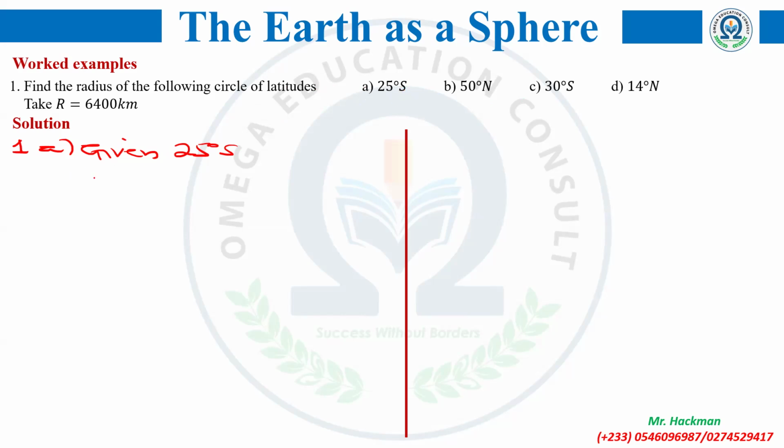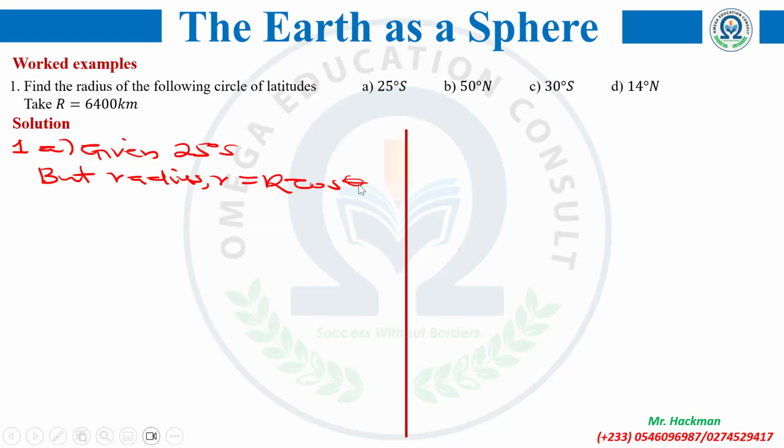So in this case, the radius of a small circle, which is small r, is equal to capital R cos theta. Is my point well made, my professors? Yes, please. So in this formula, you need capital R and theta.